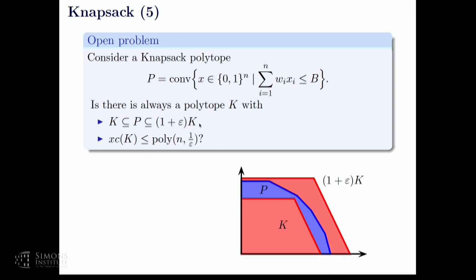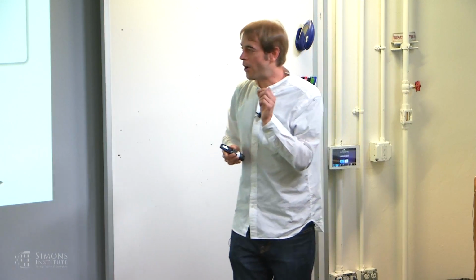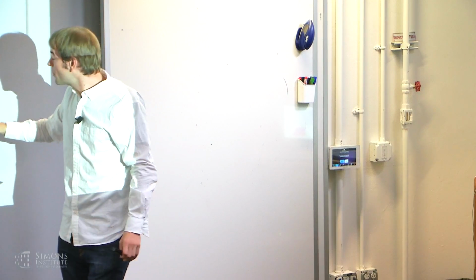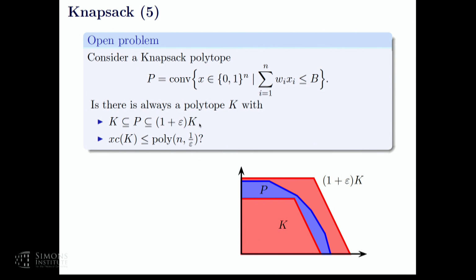So the question is, could you get an FPTAS for knapsack by just solving one linear program? What I would like from this linear program is that the size should be polynomial in n and in 1 over epsilon. So that would be yes. Did Bienstock have results along these lines?